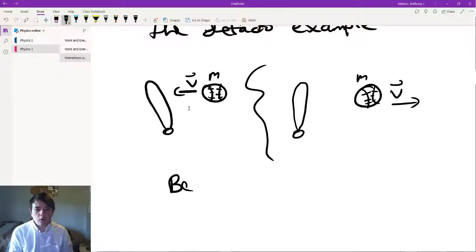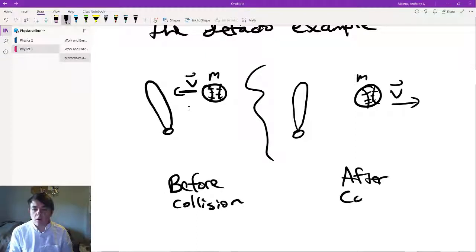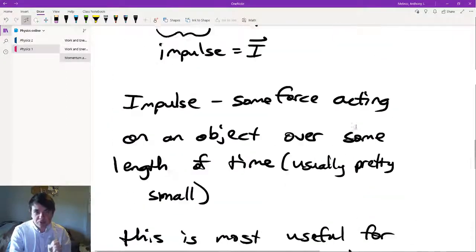So before and after, you can get a lot of information about what occurred during the collision, okay? Or at least the parts you care about, I guess. Because most of the time, if we're examining this, we're going to look at the motion of the ball beforehand and the motion of the ball afterwards. That's what's most important. And we can use momentum and impulse to do that.